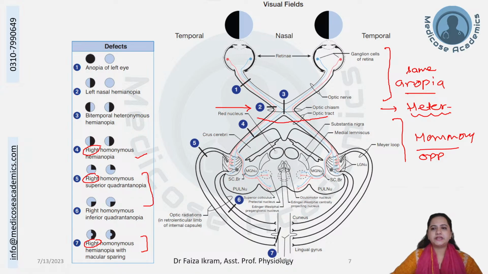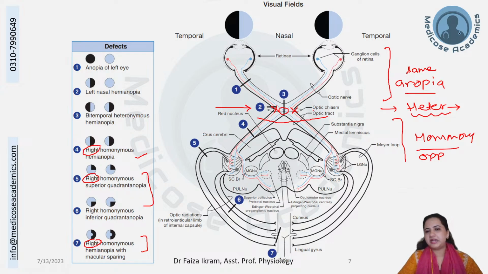Heteronymous hemianopia is mostly asked of the central fibers, which is bitemporal heteronymous hemianopia. It's very rare to have binasal heteronymous hemianopia because this is a rare injury that will damage the temporal fibers while leaving the nasal fibers.